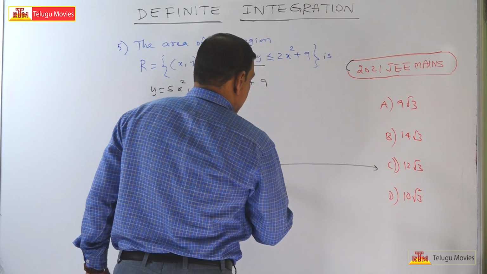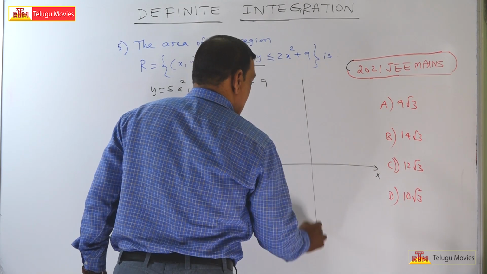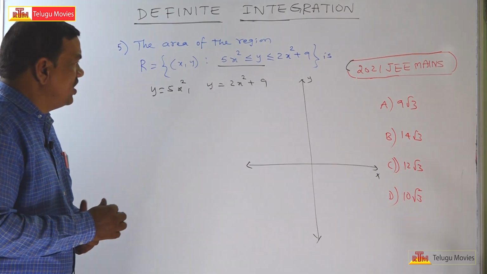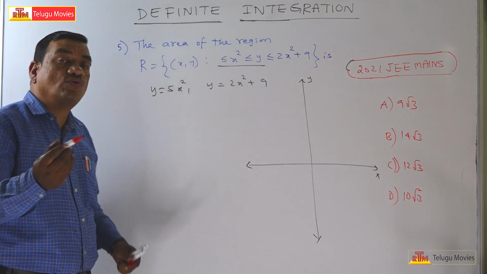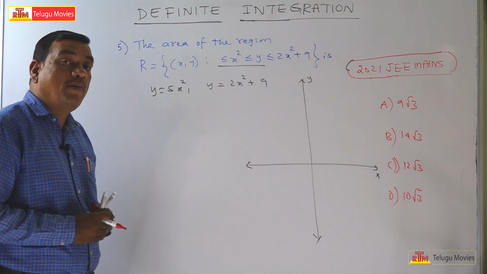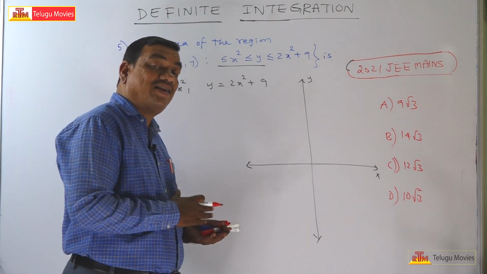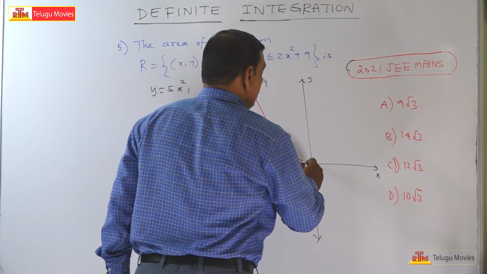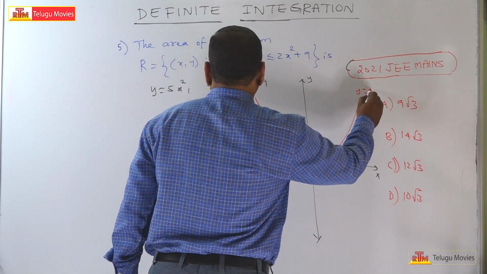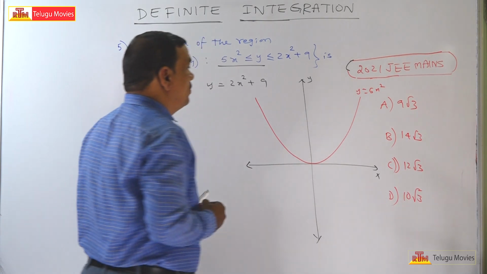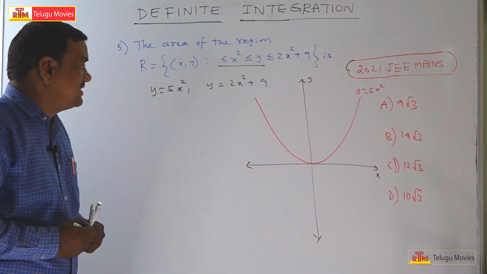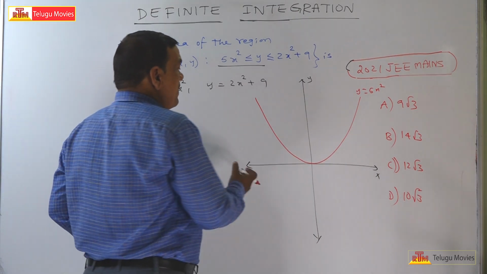So, let us take this as the x-axis and this as the y-axis. Now, clearly y is equal to 5x square is a parabola passing through the origin and lies entirely in the first and second quadrants. So, this is y is equal to 5x square. Next, y is equal to 2x square plus 9 is also a parabola.